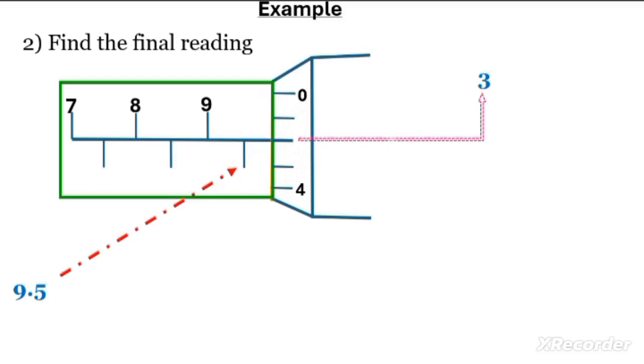The next thing we are going to do is to say the main scale is equal to 9.5.